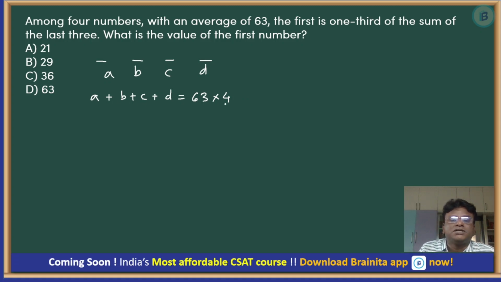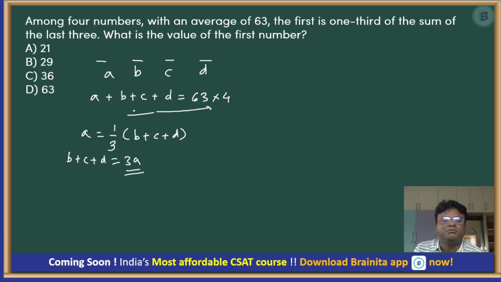Average is nothing but A plus B plus C plus D divided by 4, which is equal to 63. So I moved this 4 here: A plus B plus C plus D is 63 into 4. Now the first one is 1/3 of the sum of the last three. So A is equal to 1/3 of B plus C plus D. That means B plus C plus D is equal to 3A.